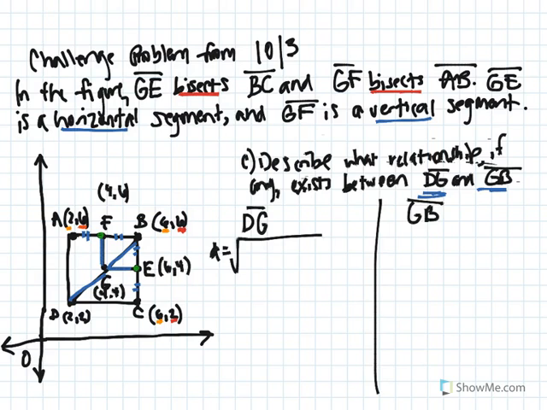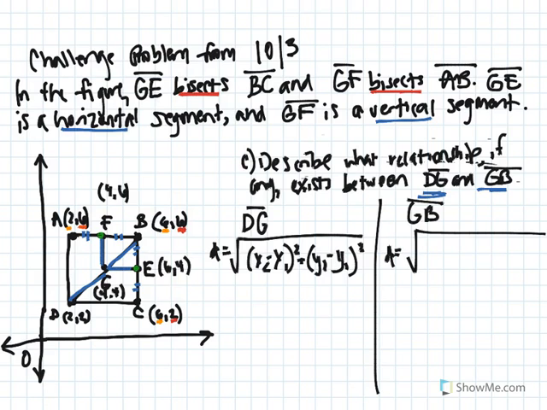So distance equals, always write out your formula first. Okay, so D is 2, 2, and G is 4, 4.